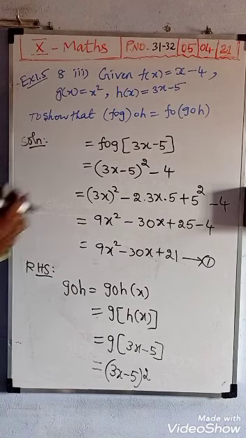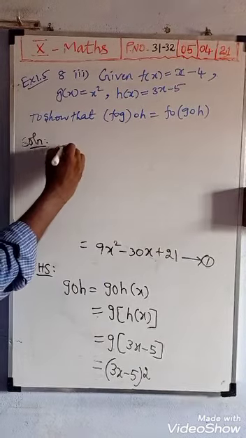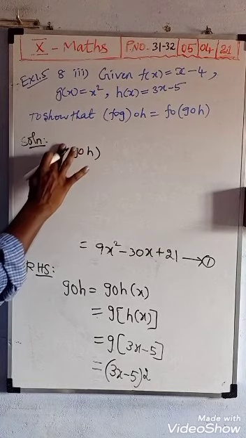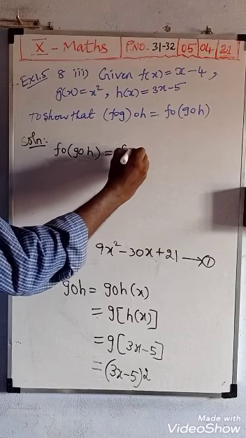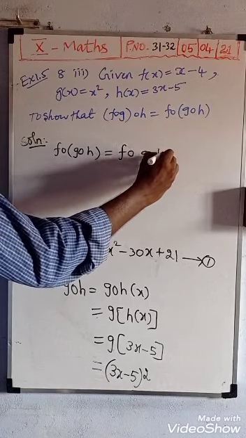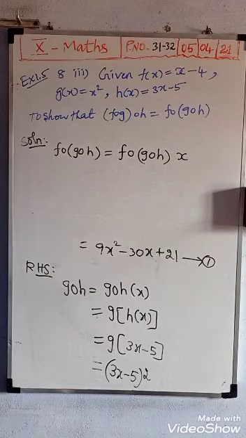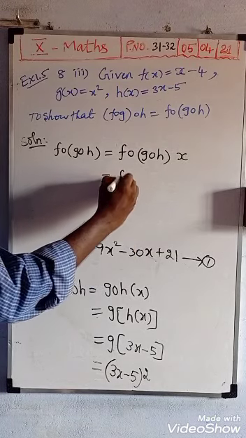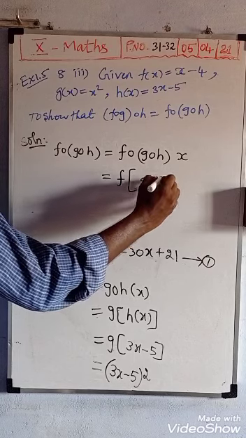Next, the whole f composition (g composition h). This is equal to f composition (g composition h) of x, which we write. Okay, this we can change as f of (g composition h of x).